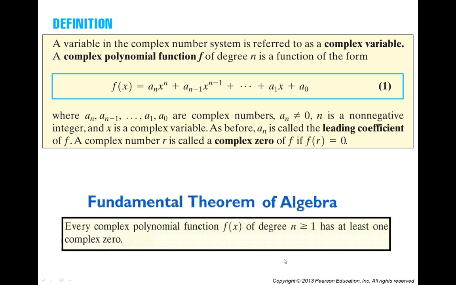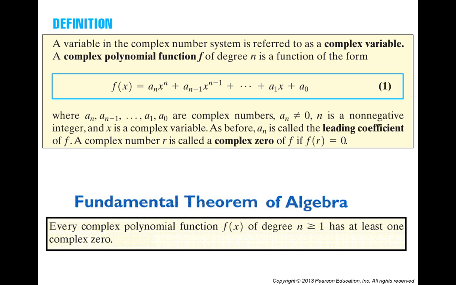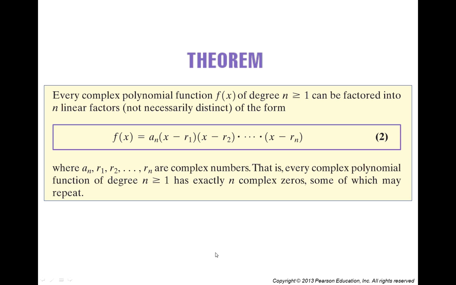Okay, that brings us to the fundamental theorem of algebra. Every complex polynomial f of x of degree n greater than or equal to 1 has at least one complex zero.